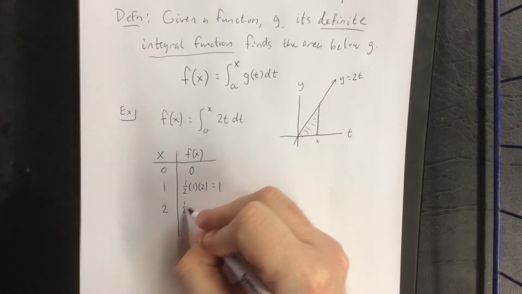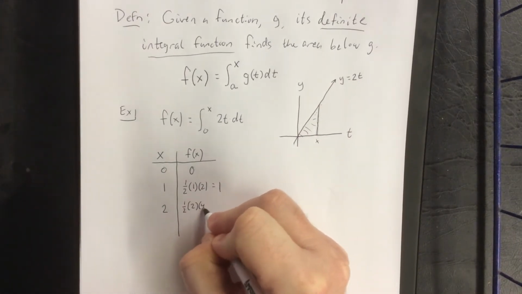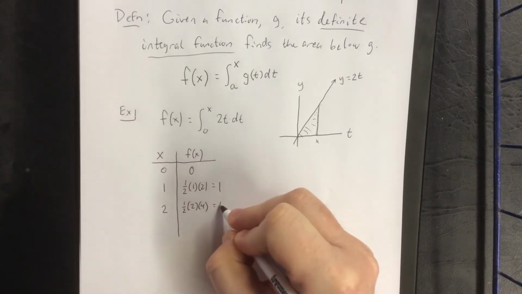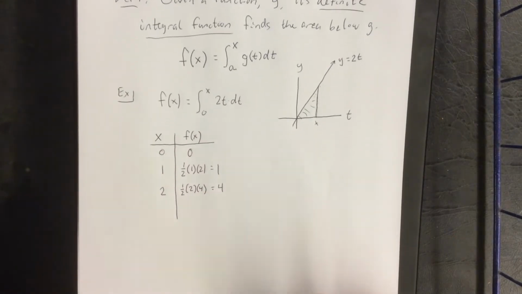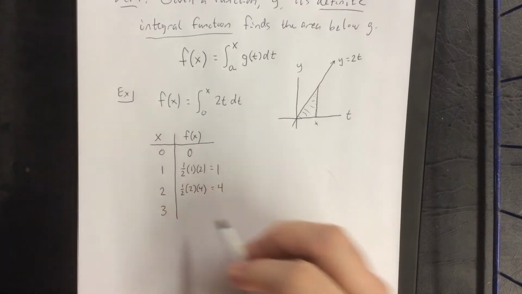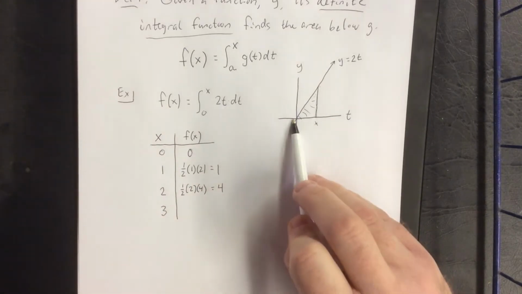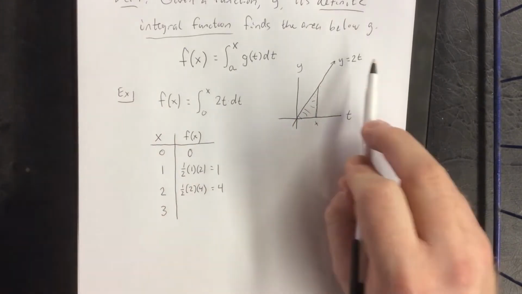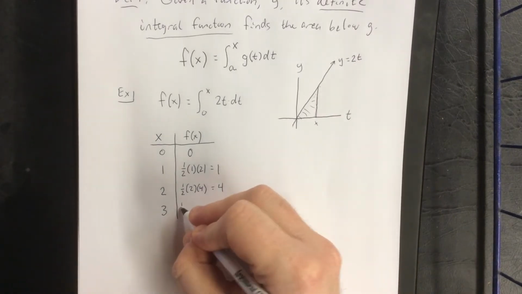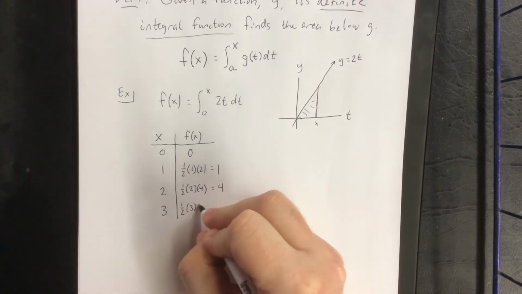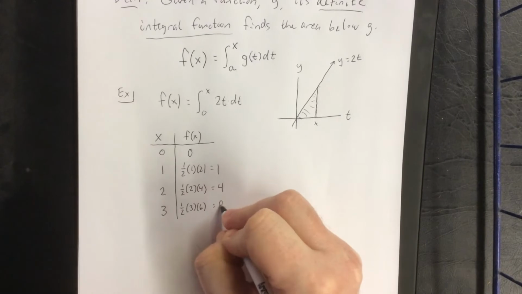So 1/2 the base times the height would be half of 2 times 4, which would be equal to 4. If I plug in x equals 3, the base of the triangle would be 3, the height of the triangle would be 2 times 3. So that would be 1/2 times the base times the height, which is equal to 9.